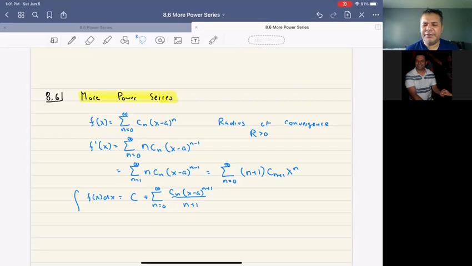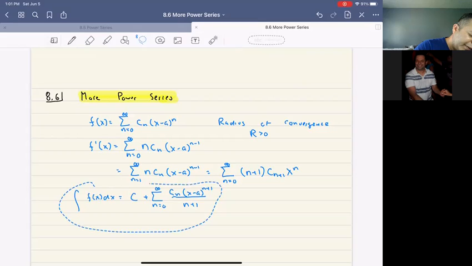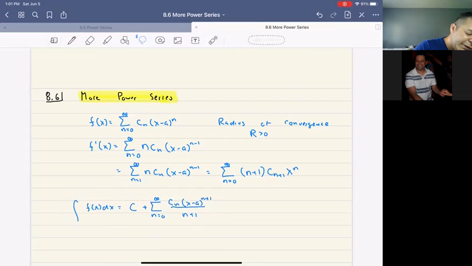And these formulas are valid on the same interval of convergence. So differentiation and integration are valid on the same interval of convergence.